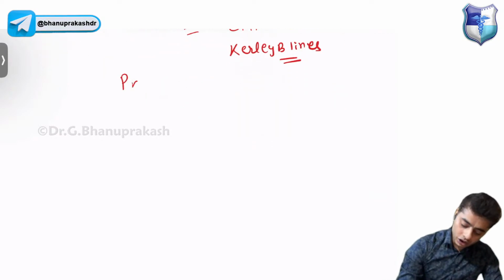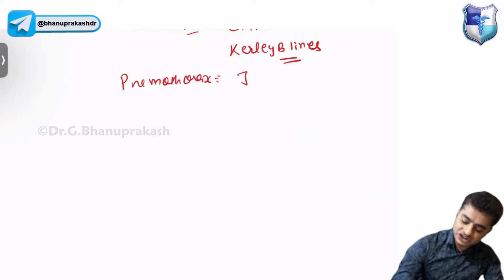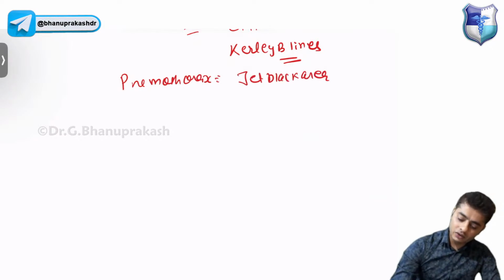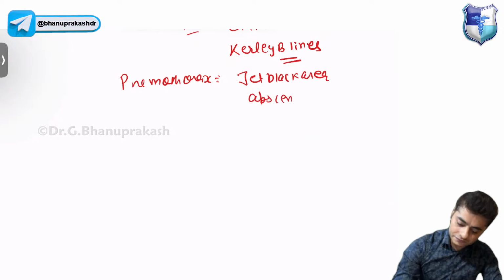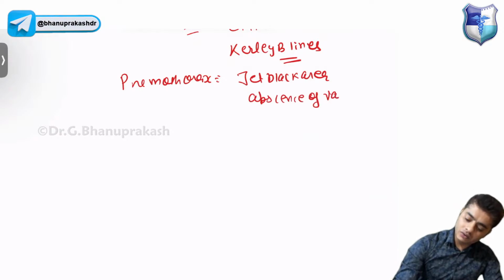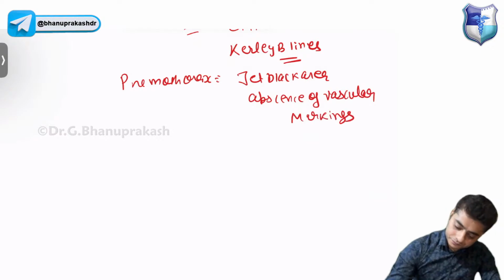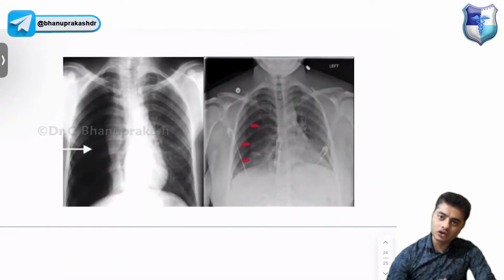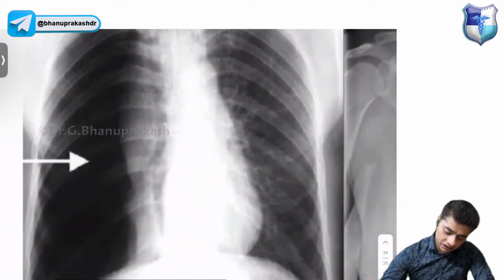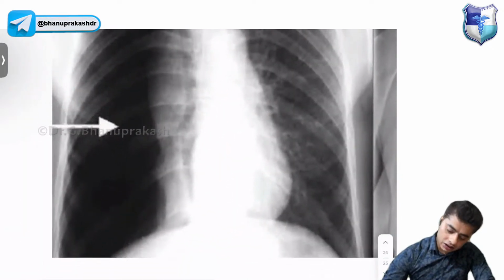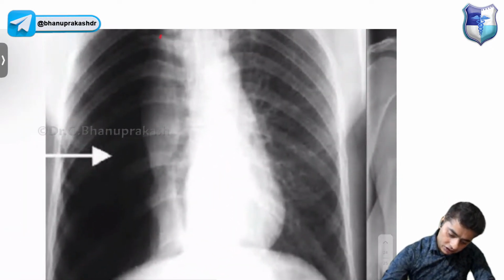Second is your pneumothorax. In pneumothorax, there is a jet black area with absence of vascular markings. See, this is your pneumothorax. Here you can see this jet black area, and this is your lung.